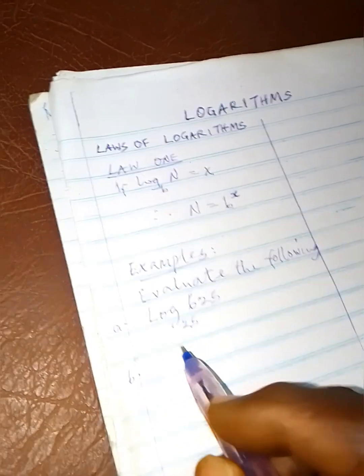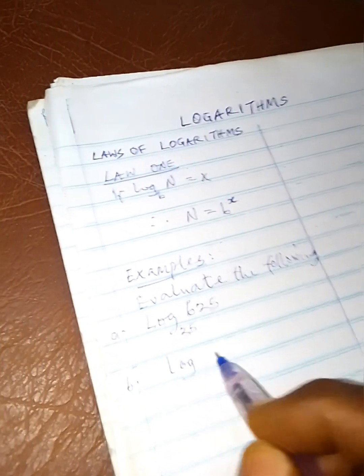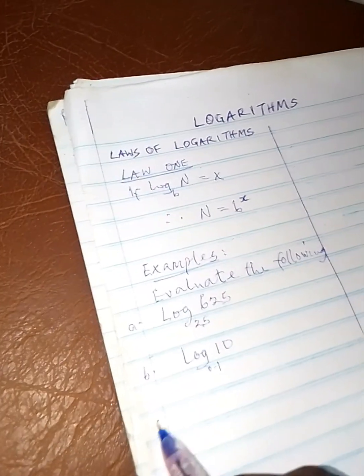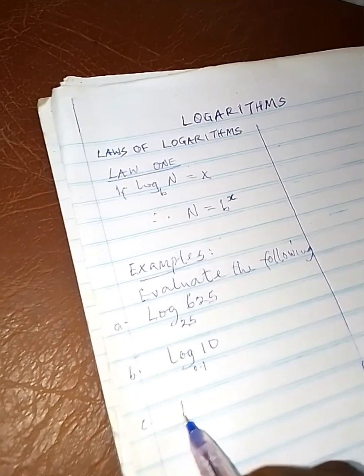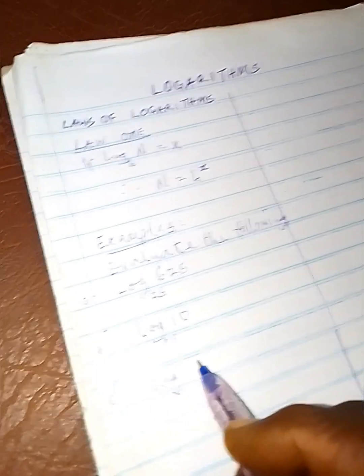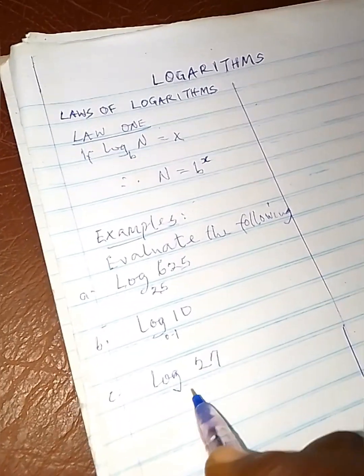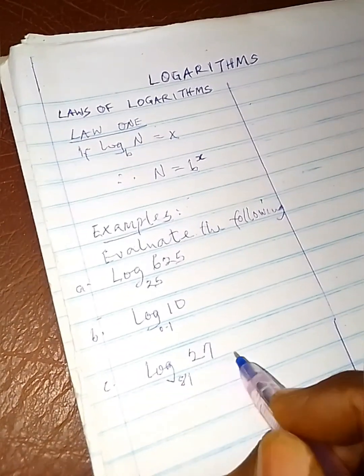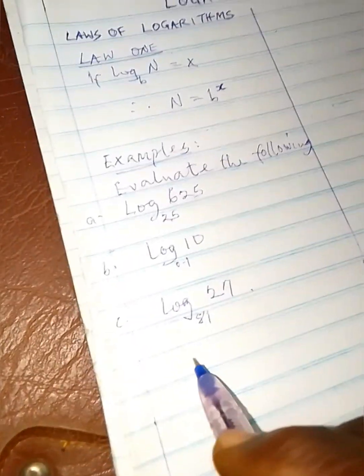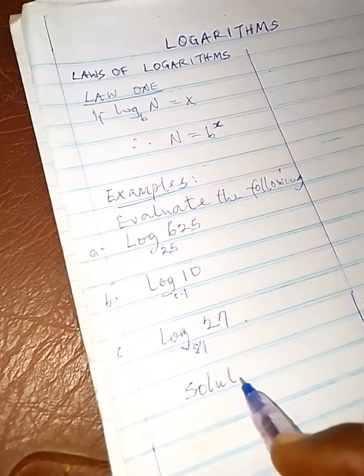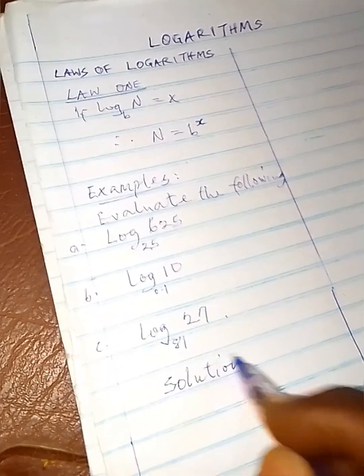B. Log 10 base 0.1. And C. Log 27 base 81. Now let's look at the solution together, starting from the first example, that is A.